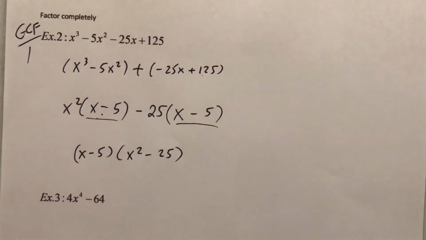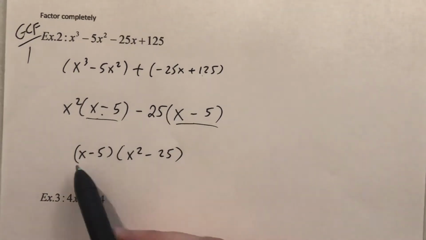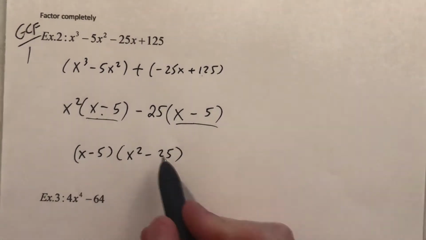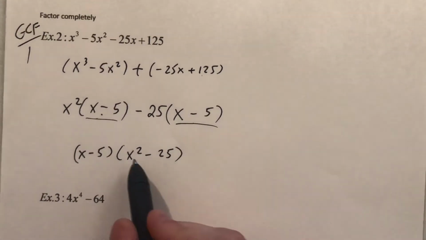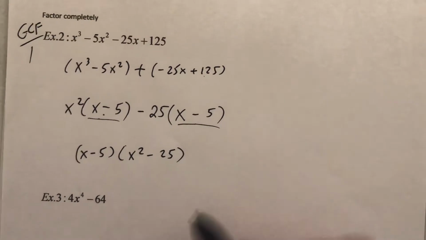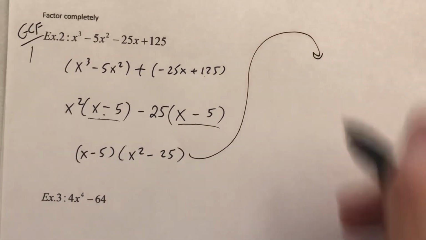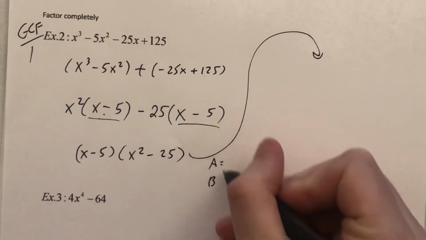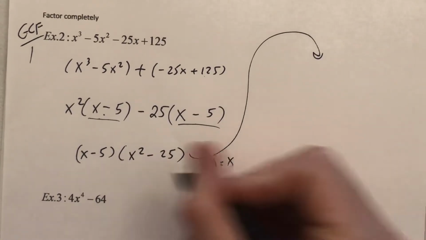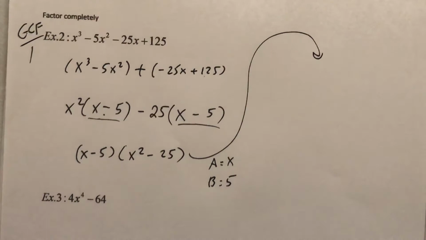Now, here's something we didn't see when we first learned grouping, but now we've learned this doesn't necessarily mean we're done. Notice right here, x squared minus 25, that is a difference of squares. This, if we talked about the a and the b, would be x and 5.